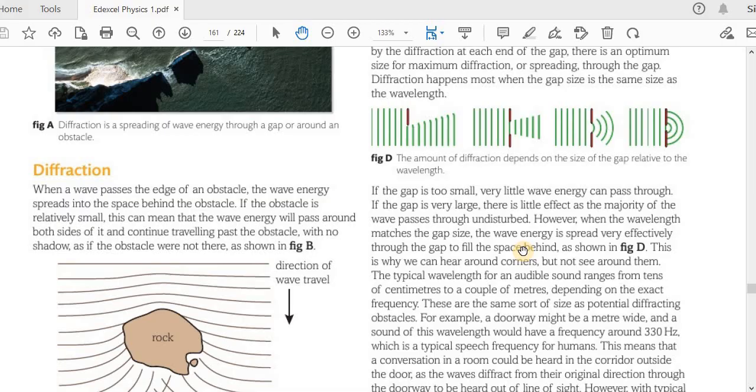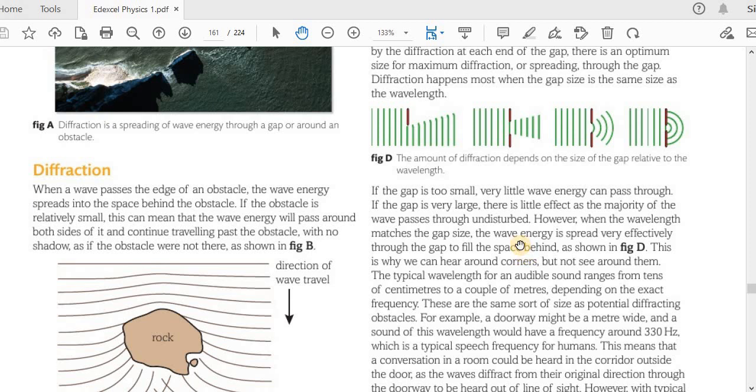Therefore, you can hear around corners, but you cannot see around them. So I can hear the sound, but I can't see the person behind the wall, because light cannot diffract around the wall, but sound can.